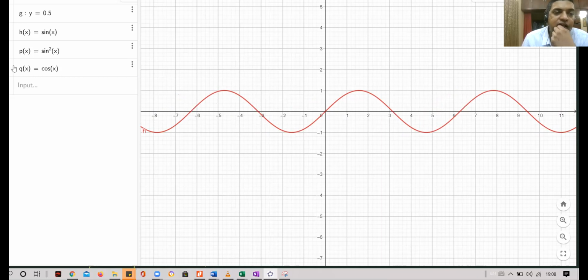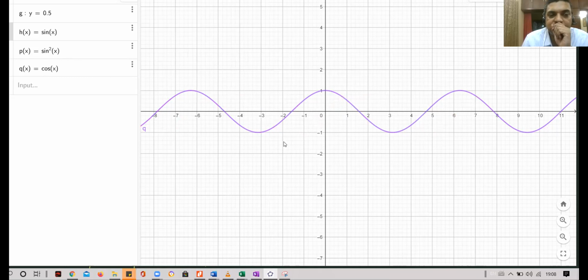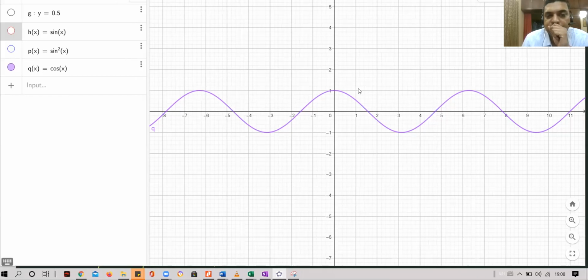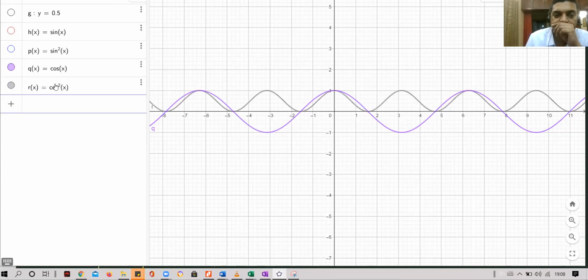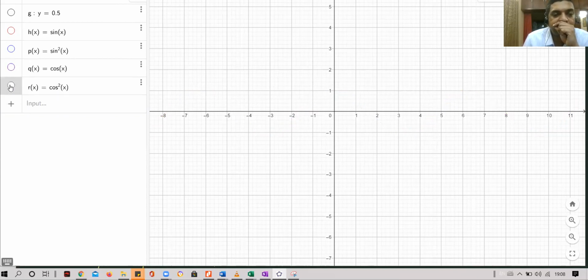Now this is y equal to cos x. I am now highlighting y equal to cos x. So this is the graph of cos x. Cos x is an even function. Now when I do cos square x, we are talking about periods.